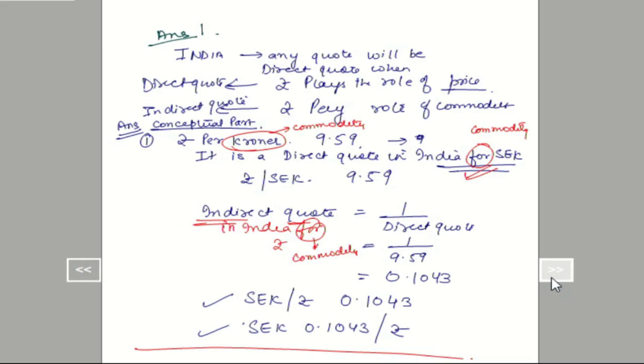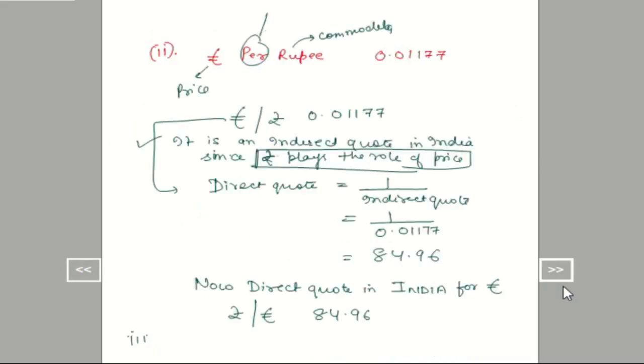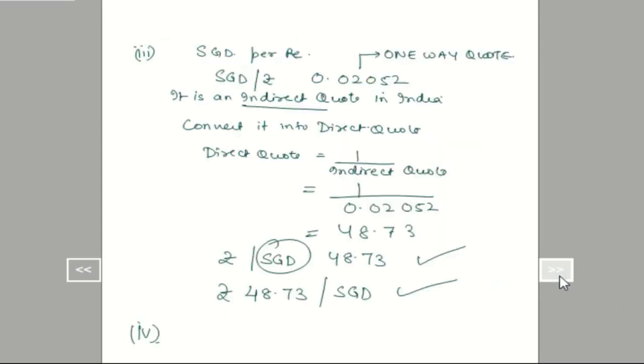I am clicking. This is the second part. Then the third part. Pause the screen and write it down. Then the fourth part. Pause the screen and write it down.